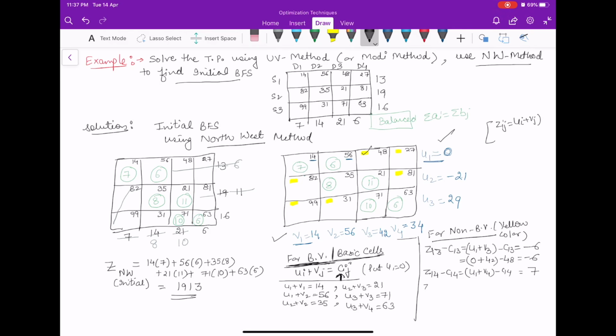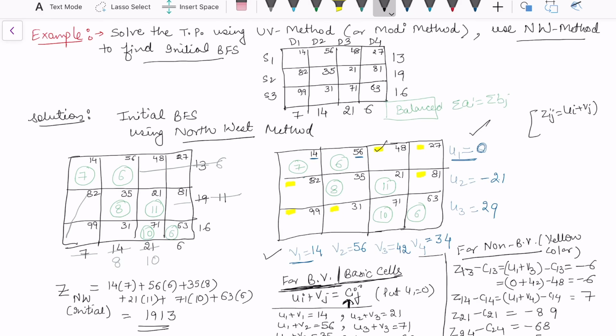And then we calculate Z21 minus C21. This quantity comes out to be minus 89. And then we calculate Z24 minus C24. This quantity comes out to be minus 68. Similarly, we calculate Z31 minus C31 and Z32 minus C32.